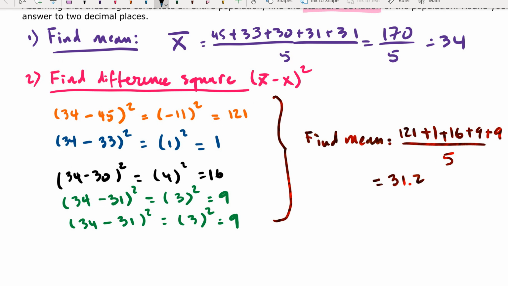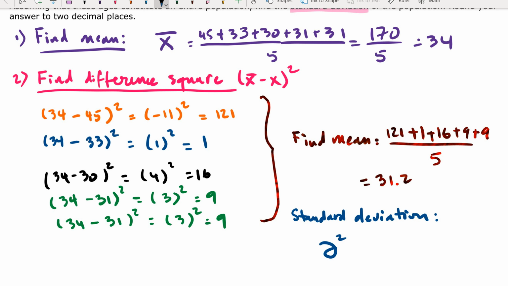Now the last step, the standard deviation. They use the Greek symbol, sigma. Standard deviation squared equals the mean, which is 31.2. To find the standard deviation, you take the square root of both sides.